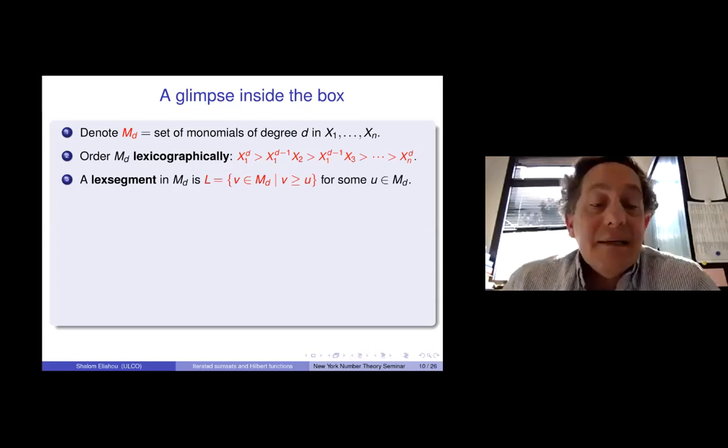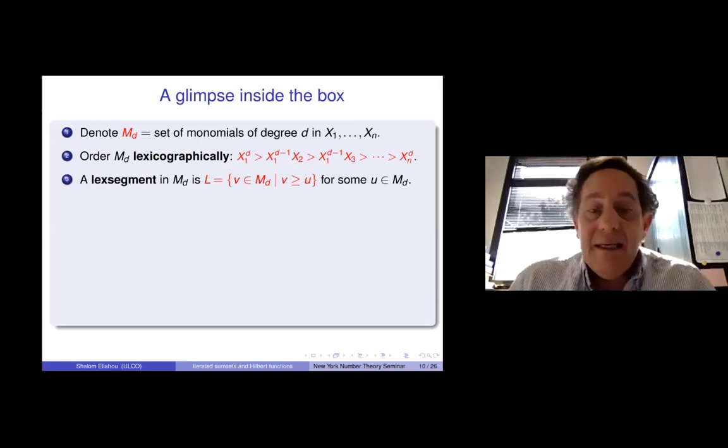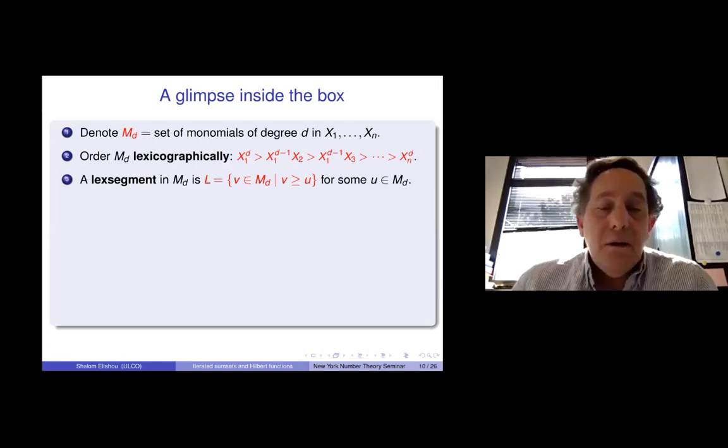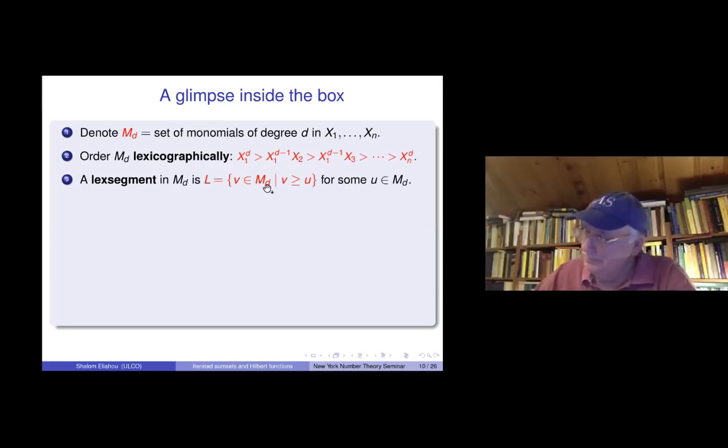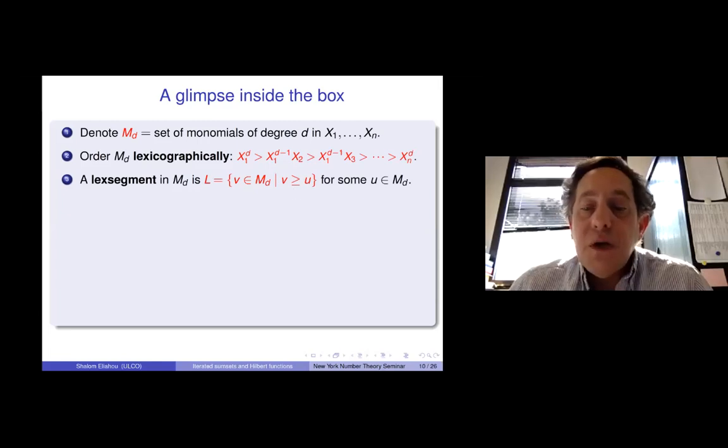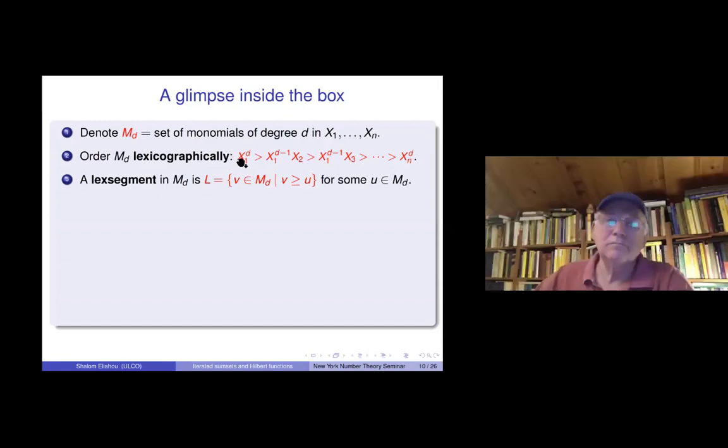Now, what is a lex segment in M_D? It is just a sequence of all the monomials which are larger or equal than some given monomial of degree D. So for example, a lex segment of length 1, there is only one, it's this one.